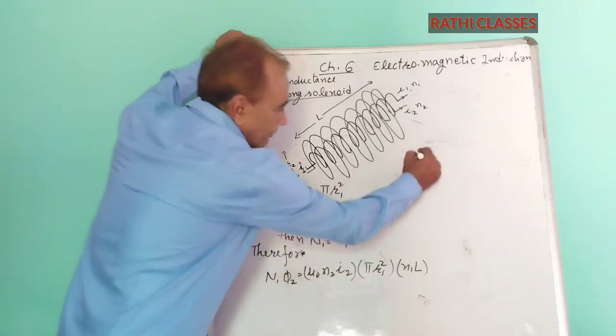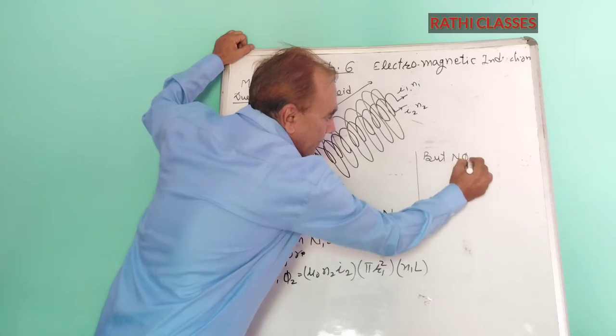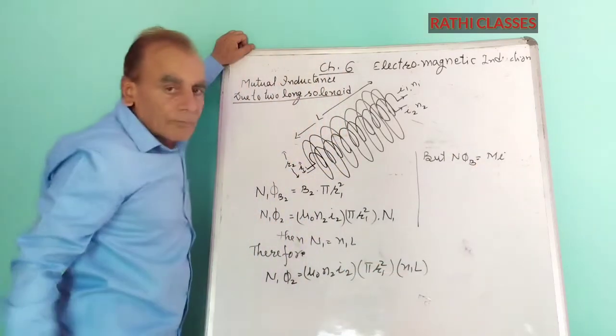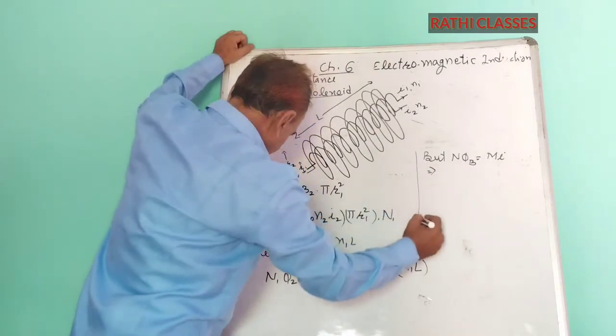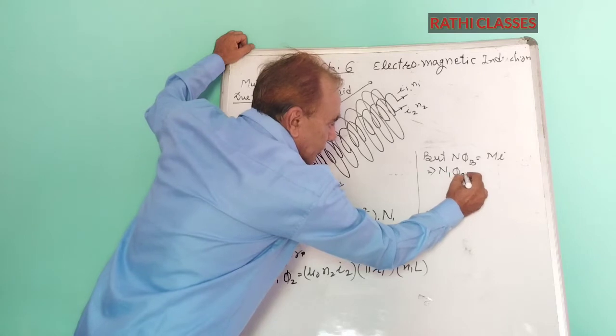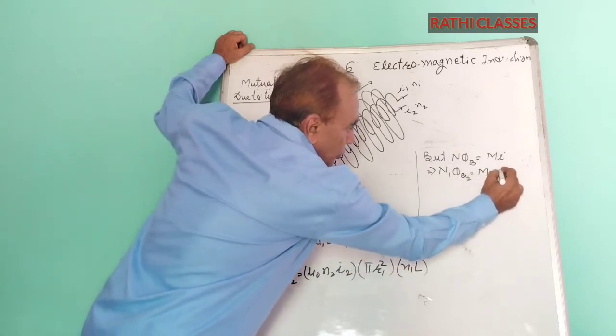But N phi B is equal to M I, implies N1 phi B2 is equal to M12 I2.